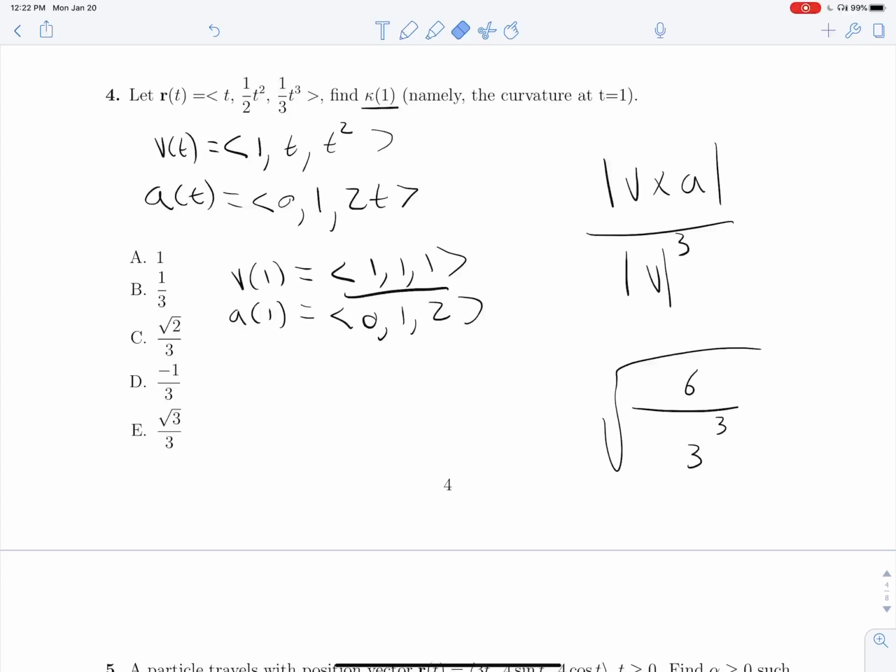That makes things a little bit more clear, because now we can replace this down here with a 27. 6 over 27 is the same thing as 2 over 9, right? Yes, okay, good. And this will just simplify to root 2 over 3. And there's our answer for C.